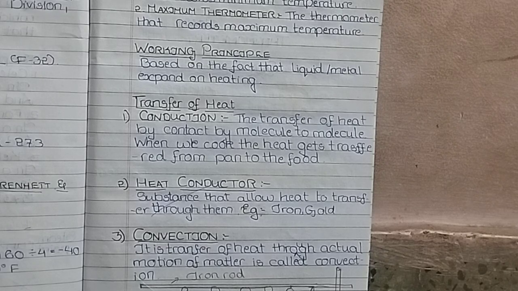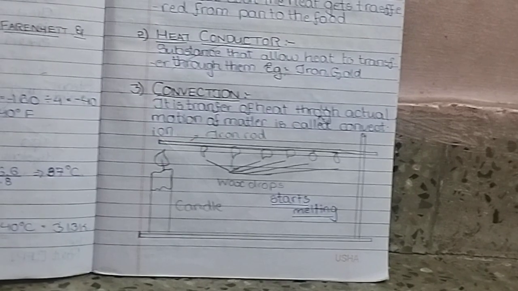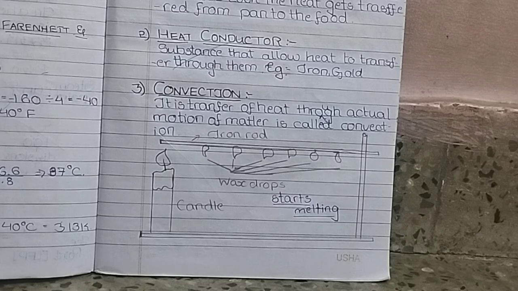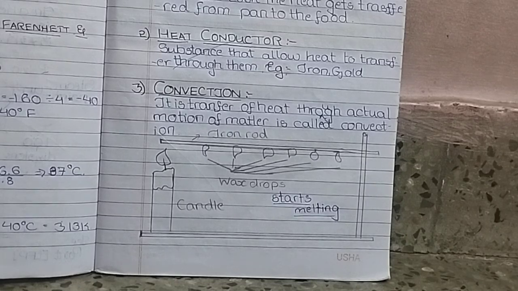It happens through a solid medium. Next we are going to see about convection. Convection is the process by which heat is transferred by the actual motion of the matter. Solid particles cannot move, so this takes place only in fluids.